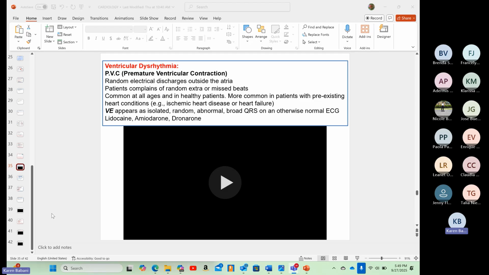Like I said, it can happen at any age in healthy patients. Obviously, if you have a pre-existing condition, you will see this in patients who are very elderly, or patients who have heart failure, or patients who had an MI. After the MI, even if they're stable, you will sporadically see this on the monitor. Like I said, benign, unless they start coming together in groups of 2 or 3 or sustained.